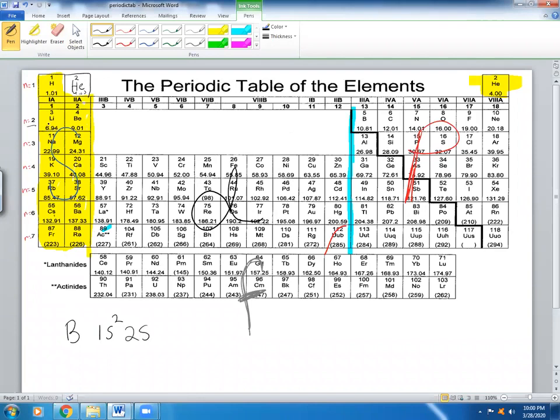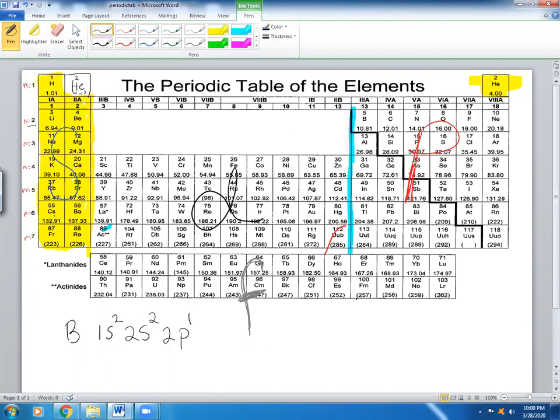Now, in order for me to get to boron, I have to go through lithium and beryllium. So I say 2s, how many boxes? 2, which is consistent with the s only taking 2 electrons. That's why you see 2 boxes here. And then when you get to this one, you say 2, still a 2. Which area is this? P. Start counting. How many boxes is B? Just 1. 2p1.